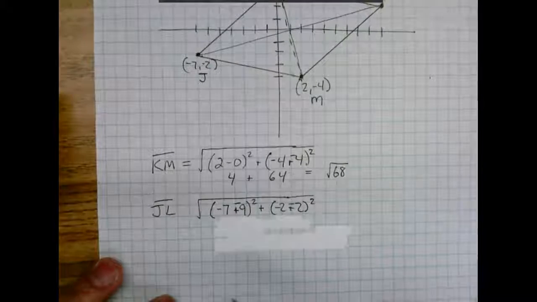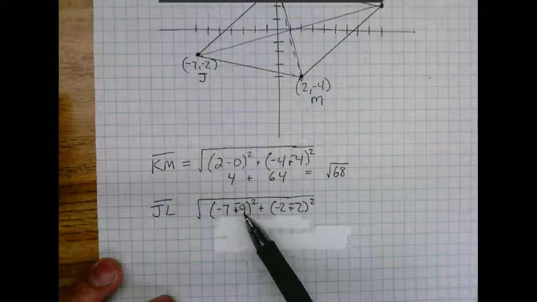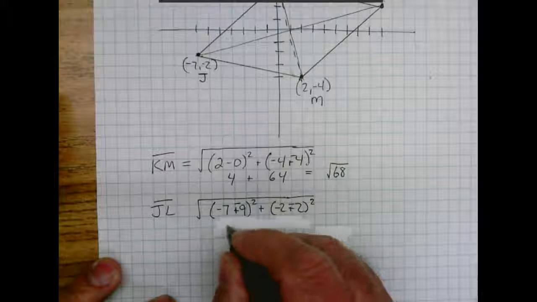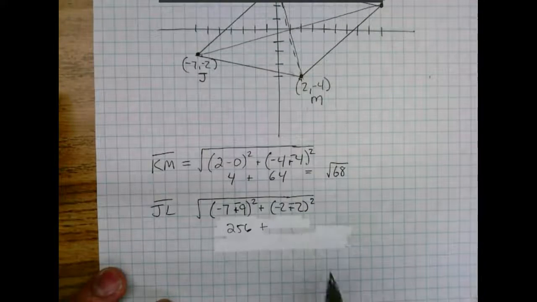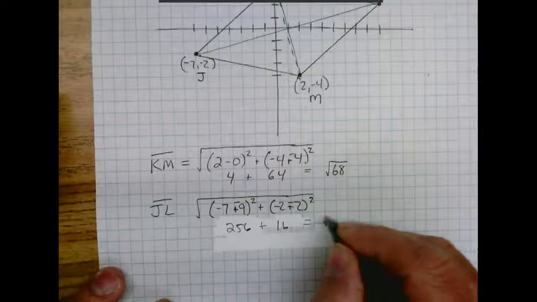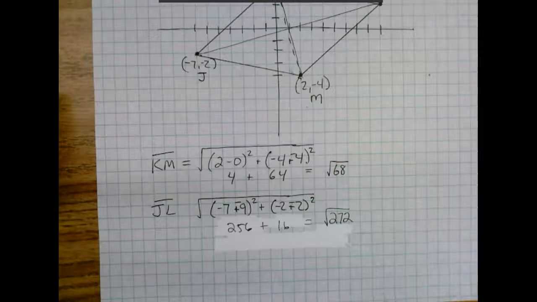If we then look at JL, we get negative 7 plus negative 9, which is 16 squared, so 256, plus this is 4 squared, 16, and we get the square root of 272. They're not the same. So this doesn't look like it is a rectangle at all. So no rectangle. The next thing we want to do is figure out their slope.